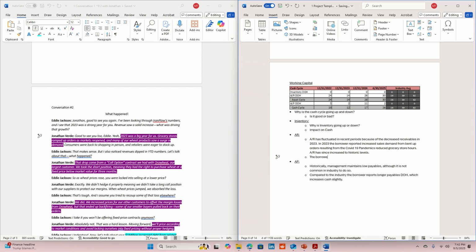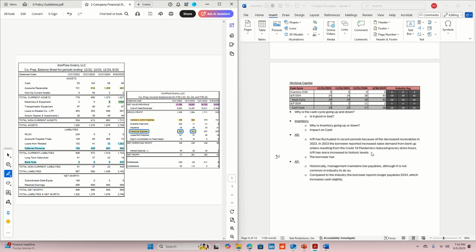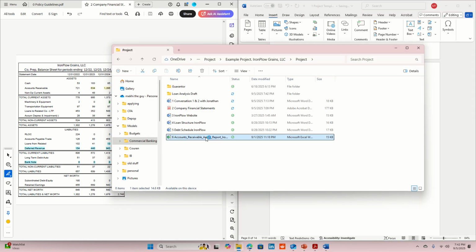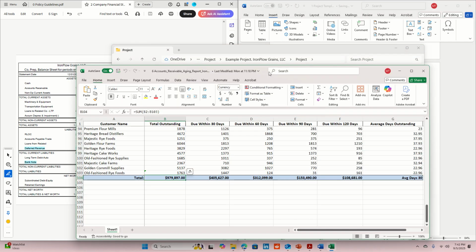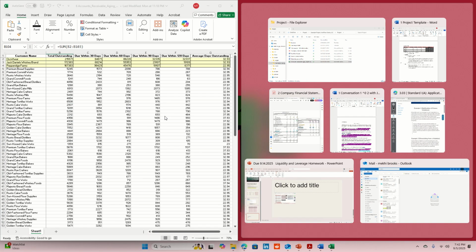The borrower has, and we can open up the financial statement for this statement, what I'm about to say is that the borrower has good controls over their AR. If you wanted to, we could open up the accounts receivable aging report and see what terms they're offering.